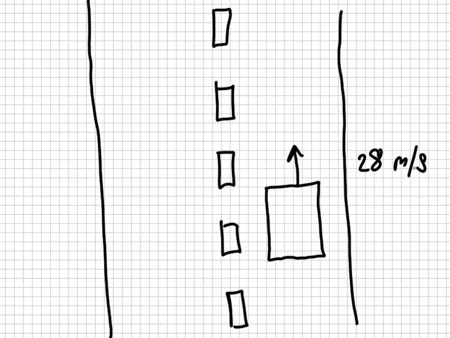A minivan travels straight north in the right lane of a divided highway. So the minivan is here, and it is going north at 28 meters per second. A camper passes the minivan and then changes from the left lane into the right lane.